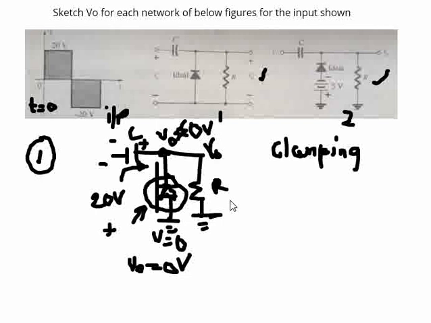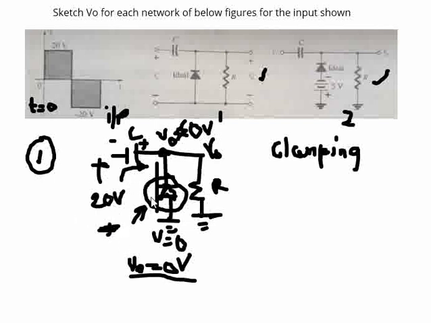So the output voltage is 0 volts, that is very clear. For a given minus 20 volts, the output is 0. Now let us take the case of plus 20 volts.